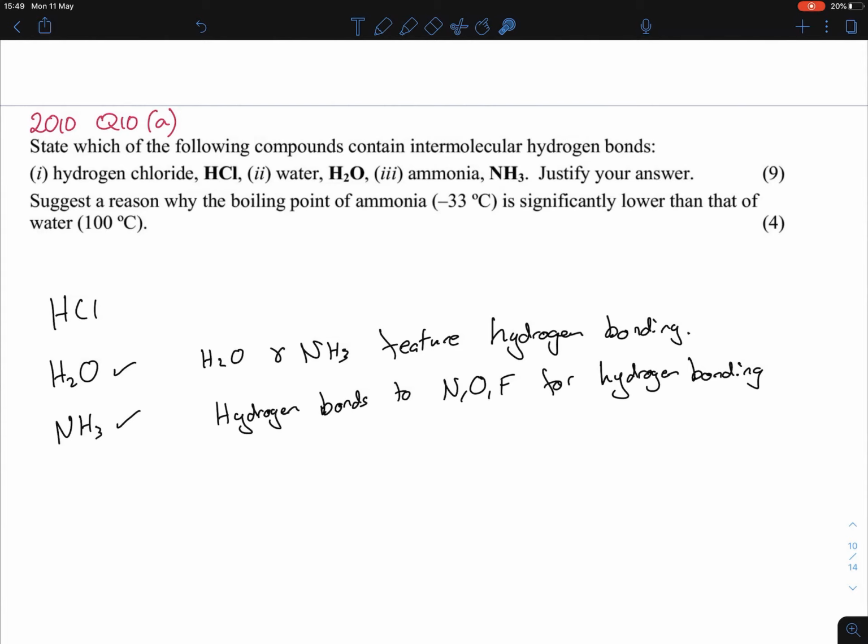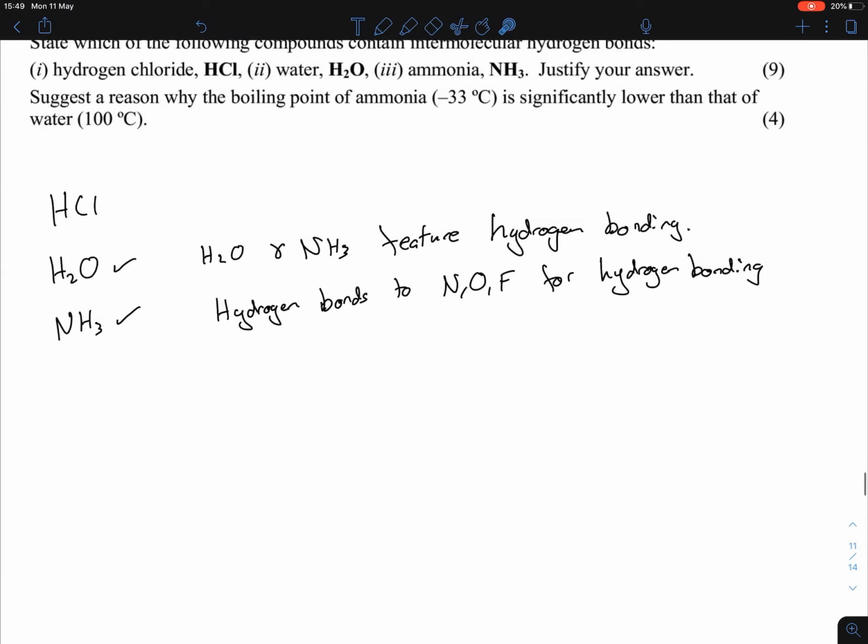So you're asked to suggest a reason why ammonia is lower. Well, you can check your electronegativity difference. That's what we're going to do, and we'll do our H2O. So that's our NH3. We have nitrogen is a 3. Oxygen, oh, I'm doing it on the wrong one. So hydrogen is 2.1.